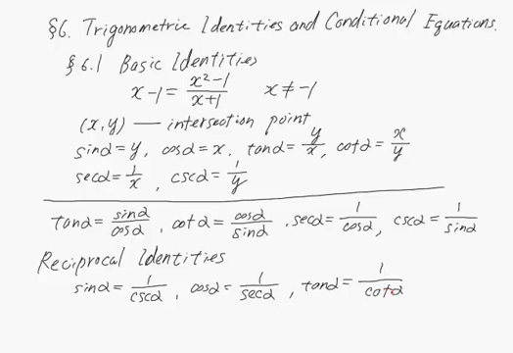And we also need cosecant alpha is equal to 1 over sine alpha, secant alpha is equal to 1 over cosine alpha, and cotangent alpha is equal to 1 over tangent alpha.